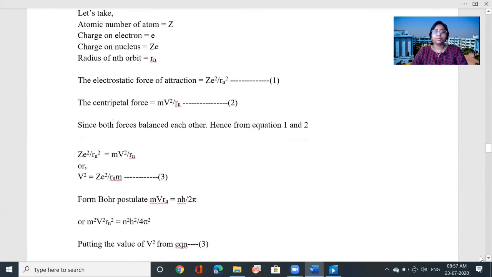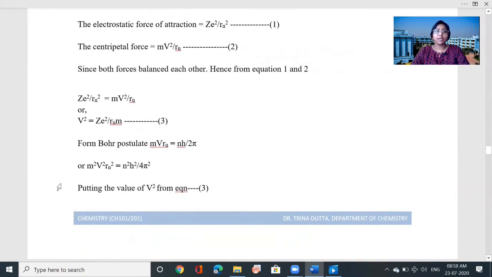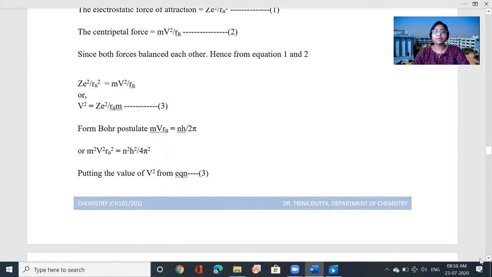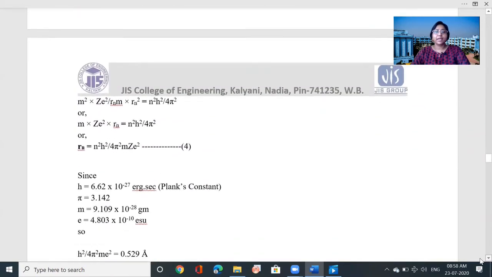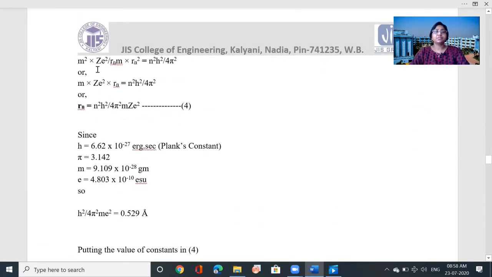So from the Bohr structure we get m squared v squared Rn squared is equal to n squared h squared by 4 pi squared. H is the Planck's constant. Okay. So putting the value of v squared from equation 3, we get the expression m squared into Ze squared by Rn m into Rn squared is equal to n squared h squared divided by 4 pi squared.